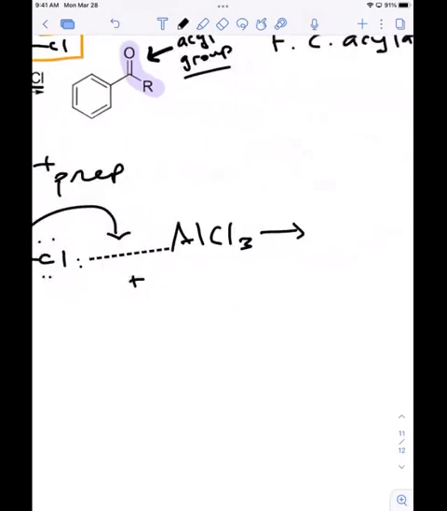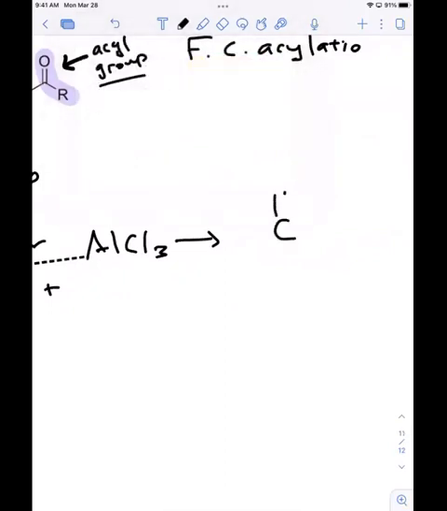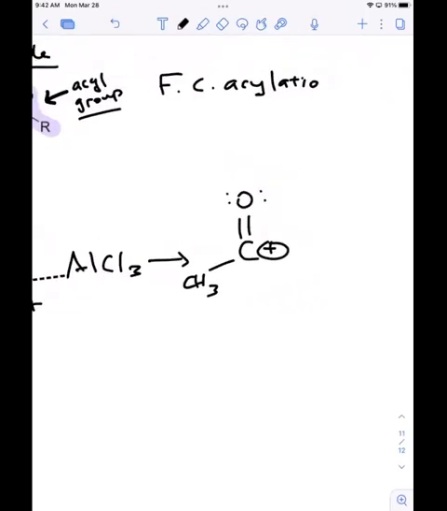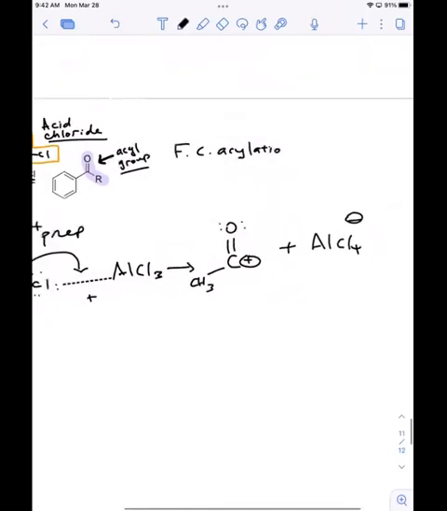And you're going to end up with that plus AlCl4, right, and this is going to be negative. Formal charge on that salt, that aluminum is going to be negative.